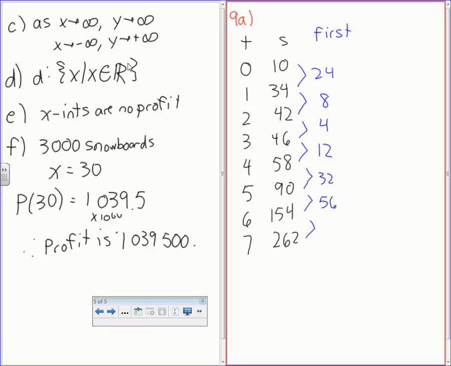Whoa, goodness me. And what's this, then 108? Is it better now? One mistake, oh my goodness, all right. Second difference: negative 16, negative 4, 8, 20, 32, and 44, is that right?